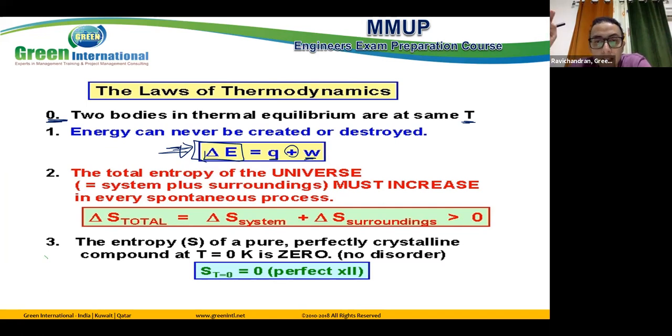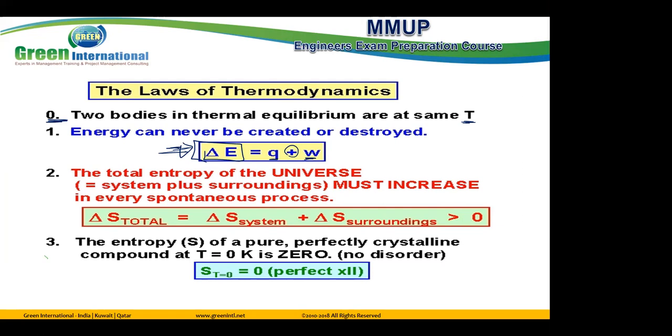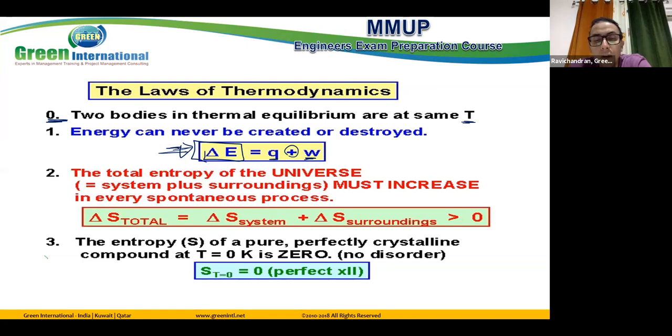Also work. So the sign is not important for me, it's important during substitution itself. Clear? So the change of internal energy equals heat plus work.